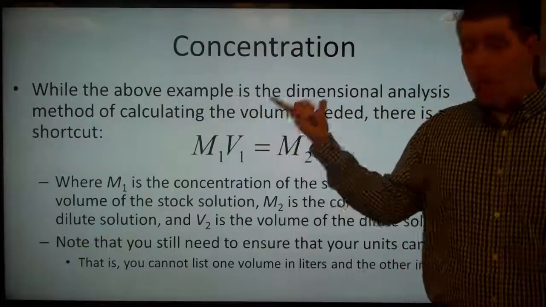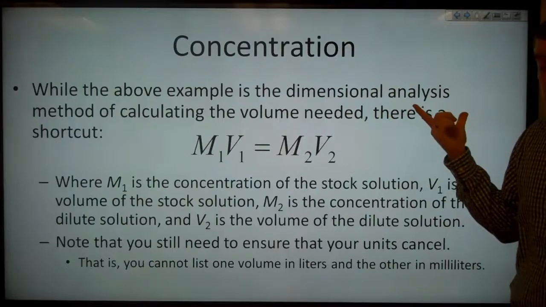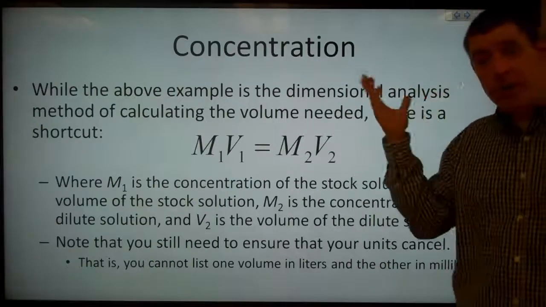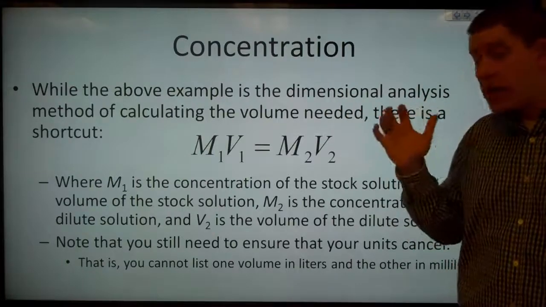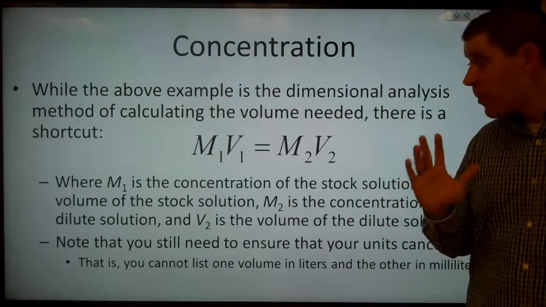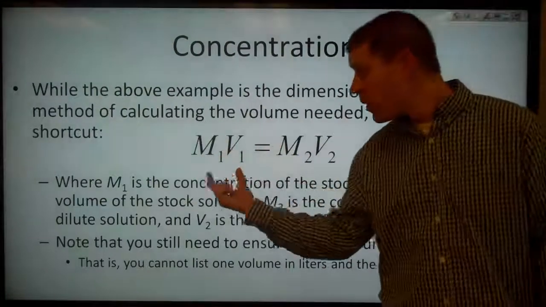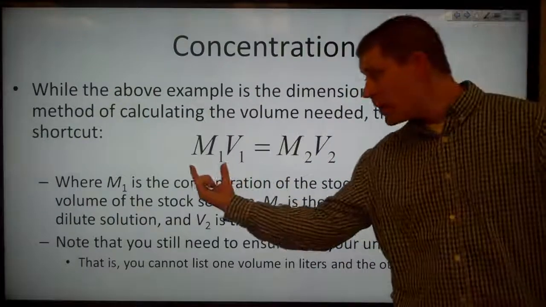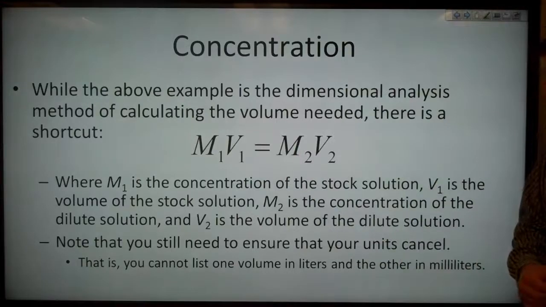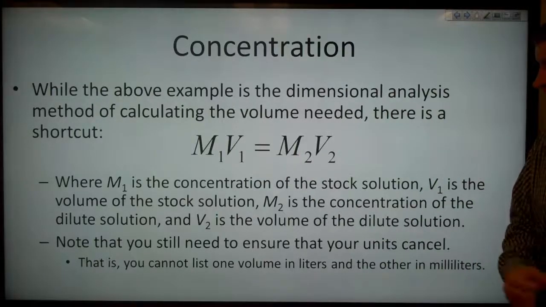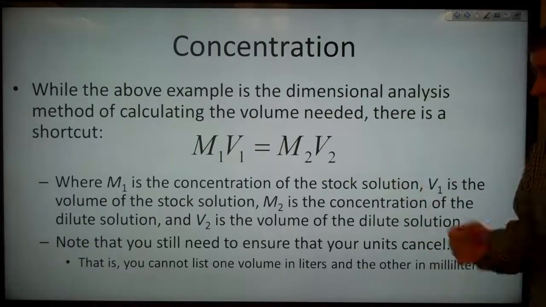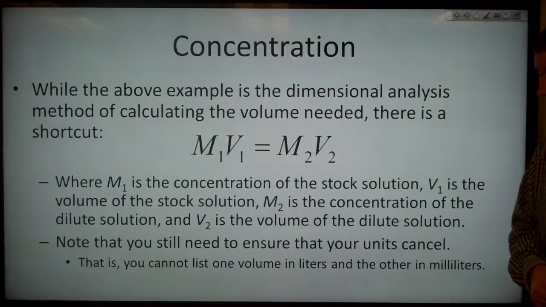So while the above example is the dimensional analysis method of calculating the volume needed, there's a shortcut. I prefer the dimensional analysis method because for me it's a little bit easier to see what exactly it is that I'm doing and to make sure that I'm not making any mistakes. But we can use this shortcut M1V1 equals M2V2, where M1 is the concentration of the stock solution, V1 is the volume of our stock solution, M2 is the concentration of our diluted solution, and V2 is the volume of our diluted solution.